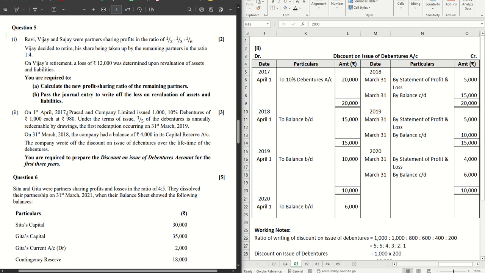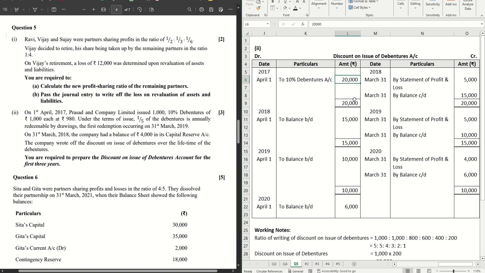You have Prasad and Company Limited, who issued 1,000 10% debentures of 1,000 each at rupees 980. So 20 rupees discount on each debenture. The total discount in that case becomes 20 into 1,000, which is 20,000. And that happened on 1st April 2017.